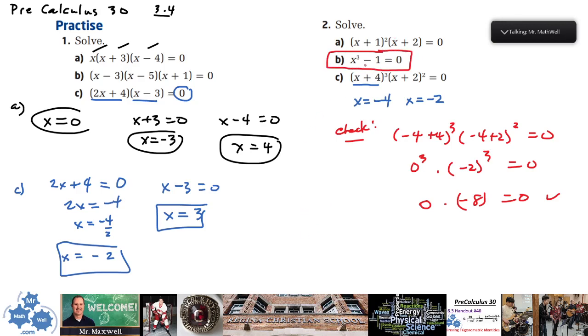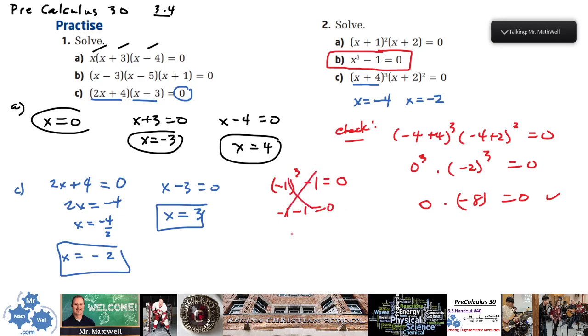To factor that one, you might want to check x minus 1 as a factor. So let's see, -1 cubed minus 1 equals... -1 minus 1. That does not equal 0. So that's not a factor.